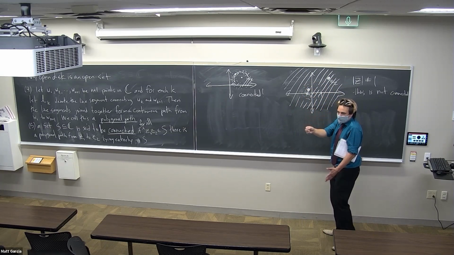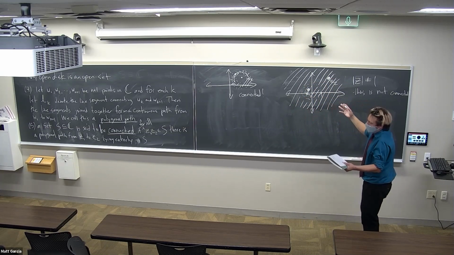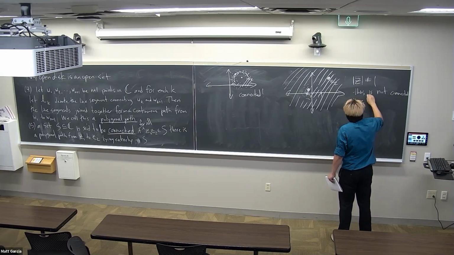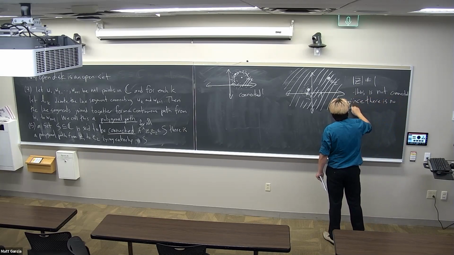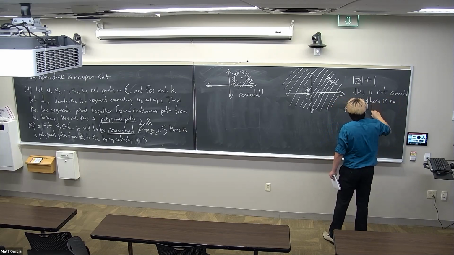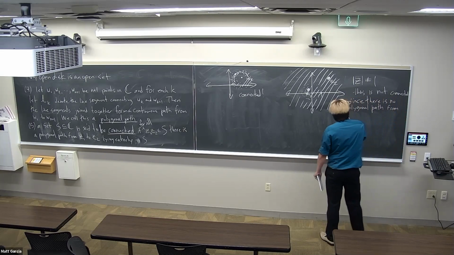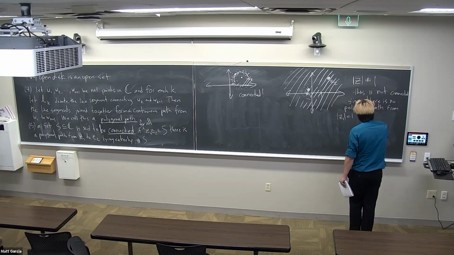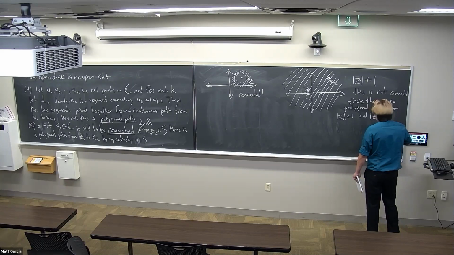Yeah, I mean, you're right, but we're gonna be picky about terminology. Since there is no polygonal path from some choice of Z1 with modulus less than 1 and some choice of Z2 with modulus of Z2 greater than 1.